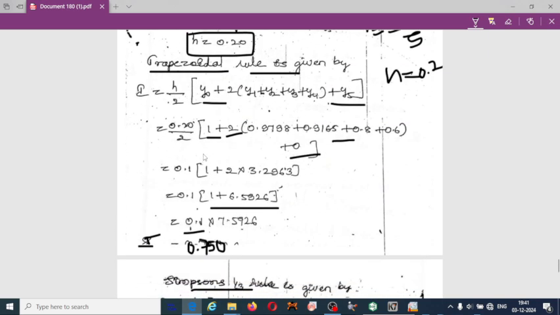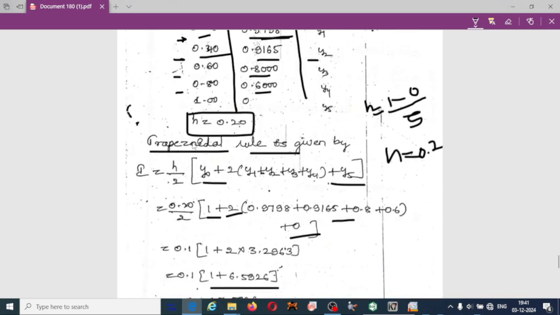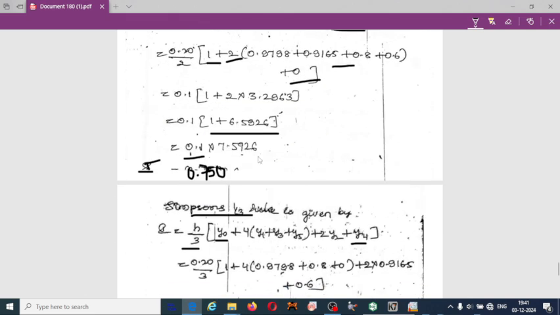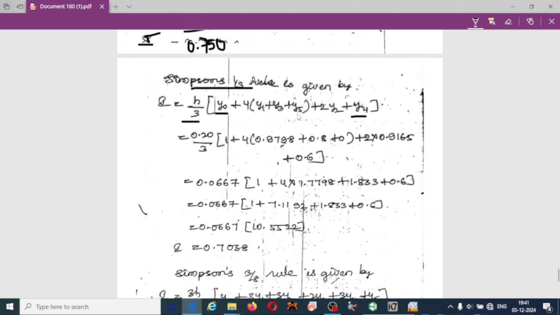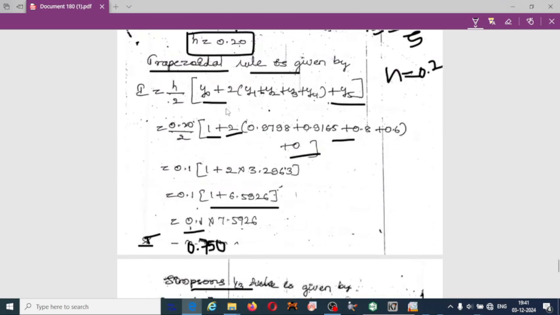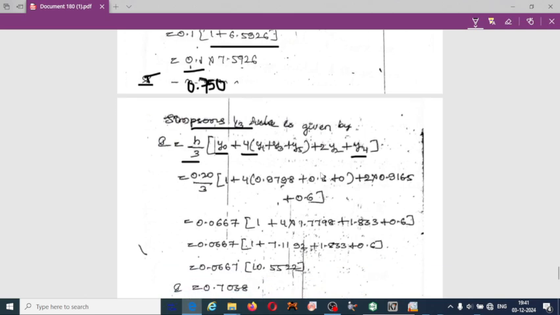Here, n equal to how many intervals? 5. So y5 should be substituted. First, if you write down the formula, you will get how to substitute values. Y0 plus 4 into the odd terms. Here y1, y3, y5 are the odd terms.